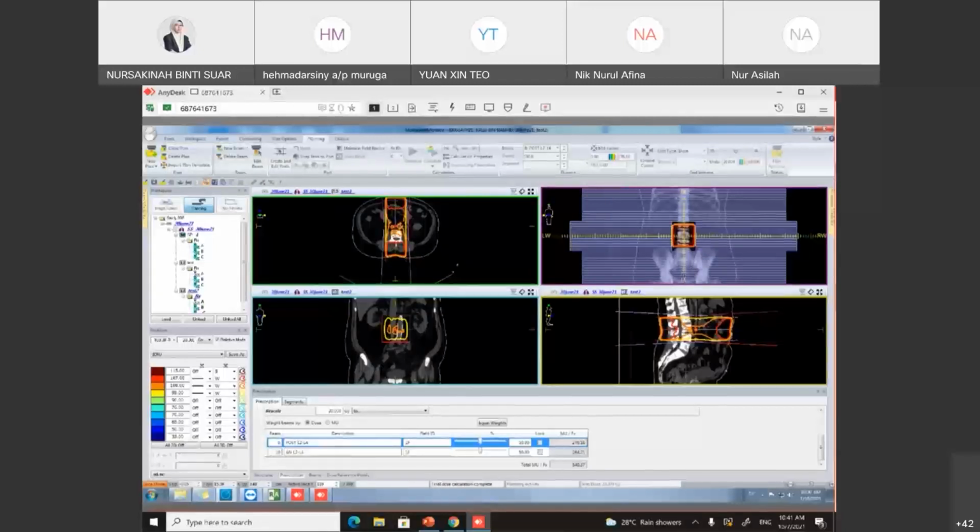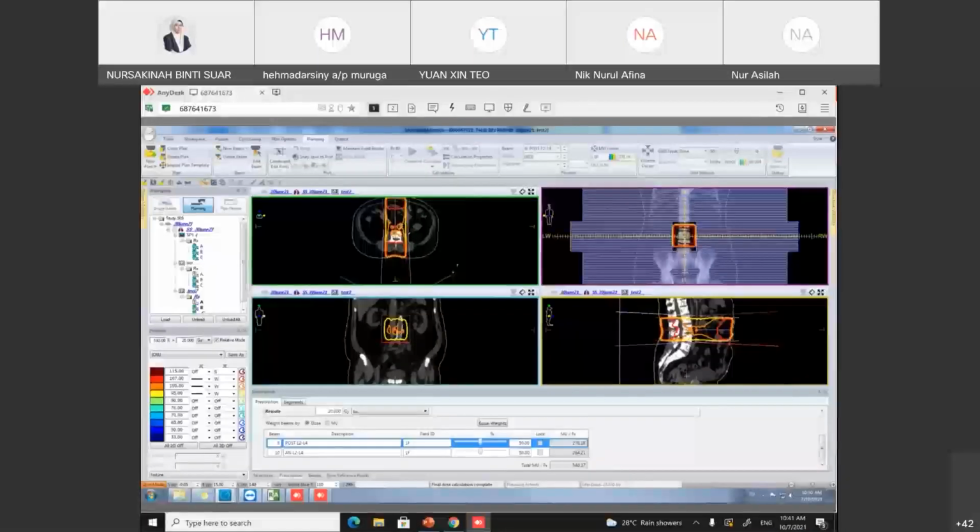But just now, you all asked me when to choose 6 MB and when to choose 10 MB. For the RTOG criteria, remember I mentioned the plan evaluations for the OLR, DVH, we follow RTOG criteria.